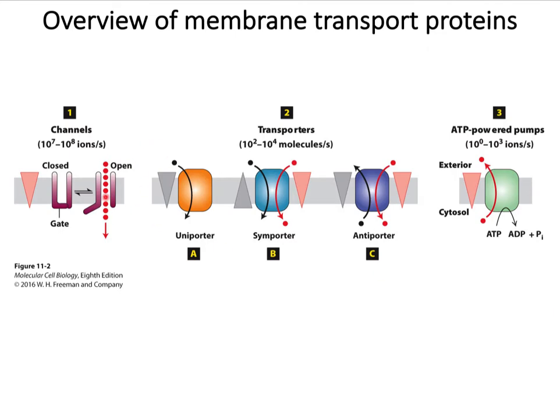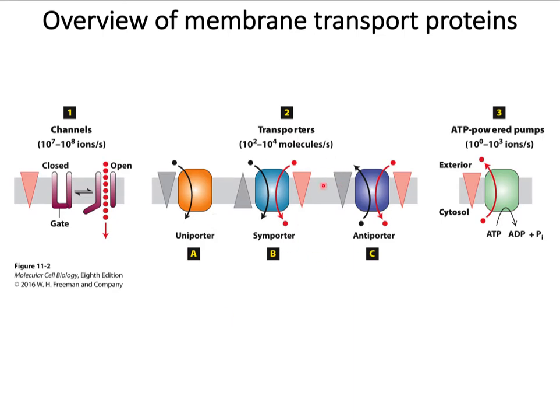or electrical signals. The second type of transporter proteins has three types, and they facilitate movement of specific small molecules or ions. The uniporters, which are also facilitated transporters, transport a single type of molecule down its concentration gradient.